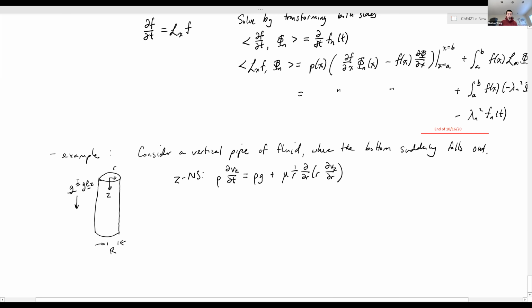It's like this g can be something like 9.8 meters per second squared times e_z because it's going in the positive z direction, right? And then of course we can also just slightly simplify this by using the kinematic viscosity.